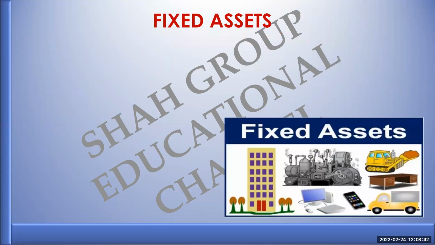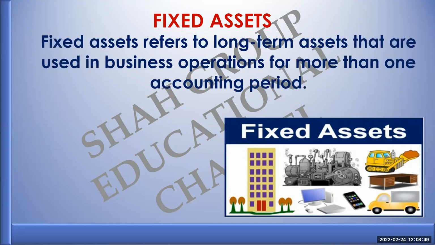Okay. The next element of accounting is fixed assets. Okay, let's see what fixed assets are. Fixed assets refers to long-term assets that are used in business operations for more than one accounting period.